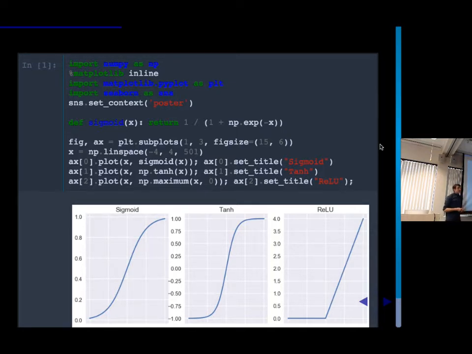And that has big implications for training your network, because if you think about it, this function is flat here. The derivative is basically 0, and here the derivative is exactly 0.